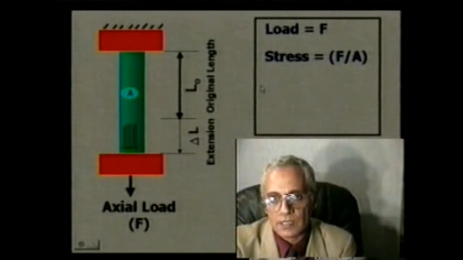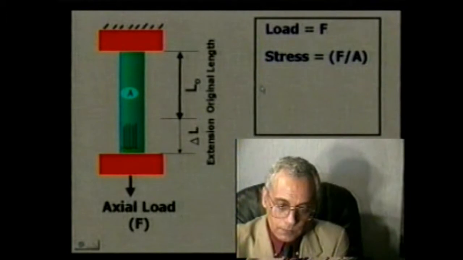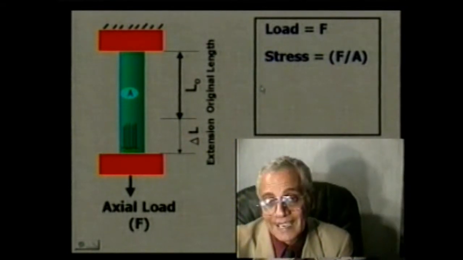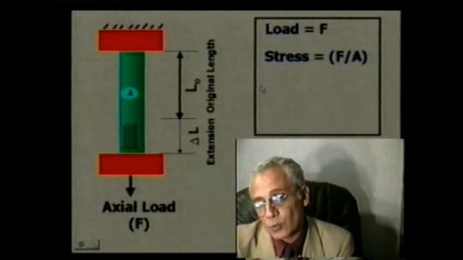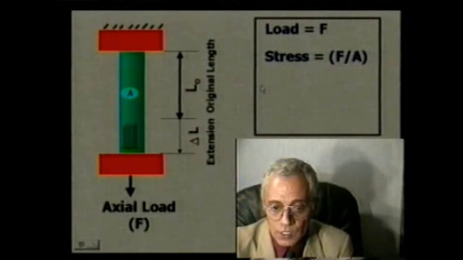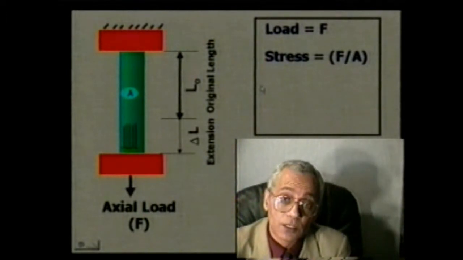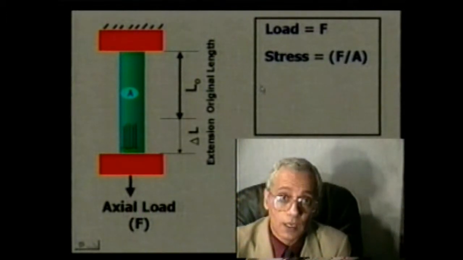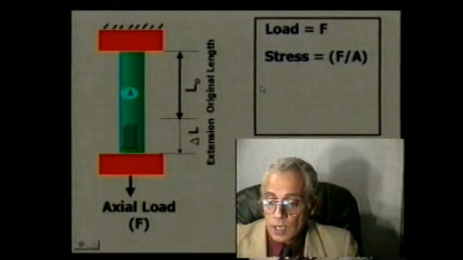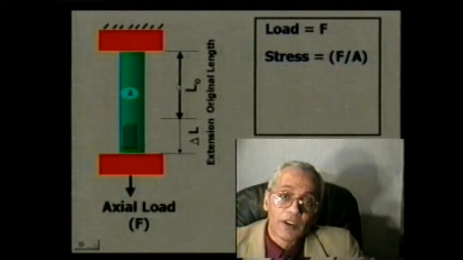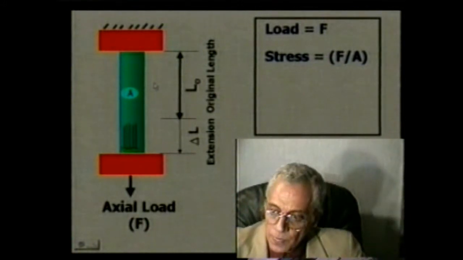We discussed in the last session that we use indirect measures of the area or the fineness of material. We use the tex, we use the denier, and so on. So we'll have to come up with our own term describing stress, and we will see that shortly. But for right now, the engineering stress is the axial load divided by the area of cross-section.